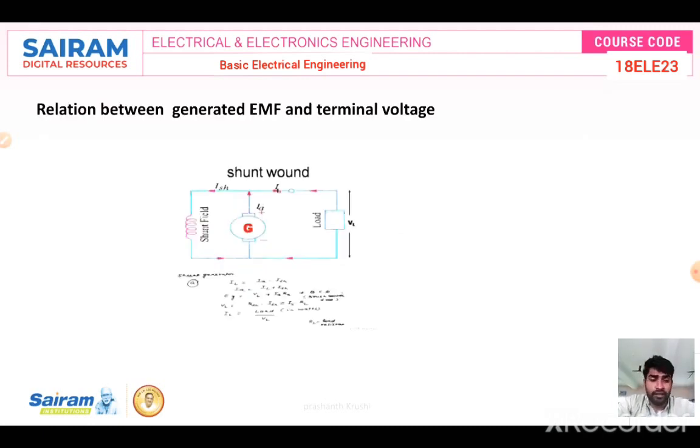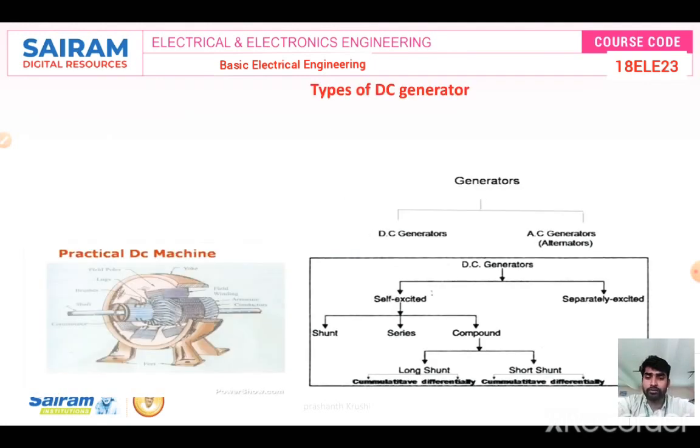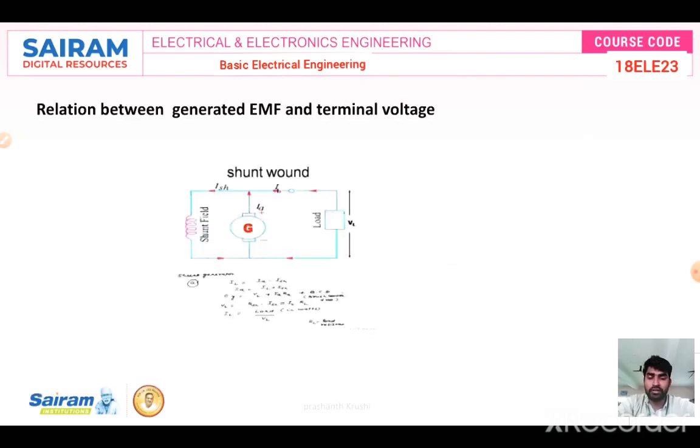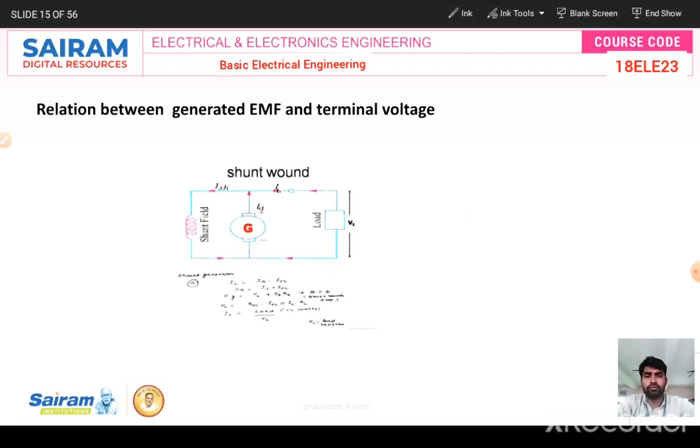Next, the relationship between generated EMF and terminal voltage. According to Faraday's laws of electromagnetic induction, I have taken a shunt wound generator. Here the supply output voltage is VL.